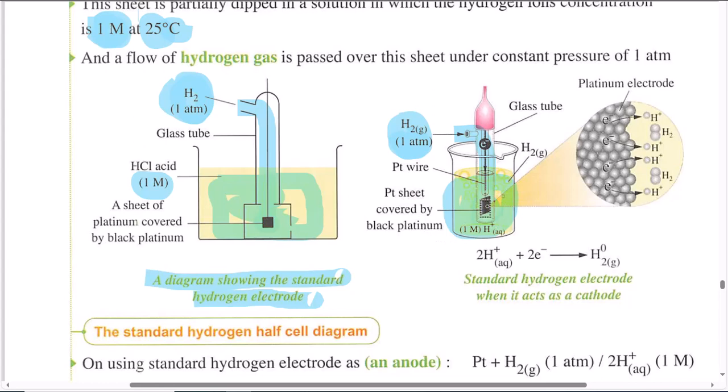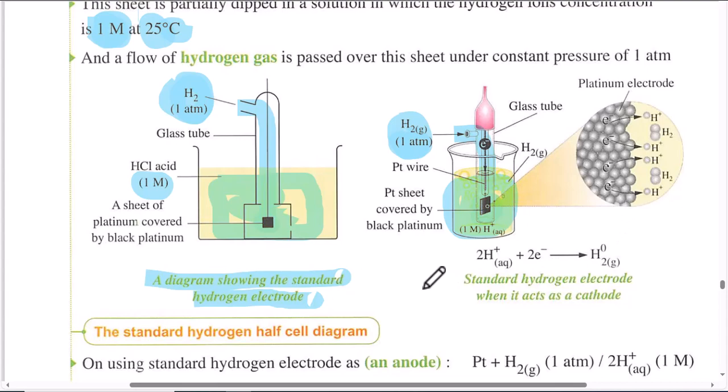The platinum sheet has a surface area of 1 square centimeter and is covered with finely divided, spongy platinum. So what happens here? This diagram shows that the standard hydrogen electrode acts as a cathode. There is a reduction of hydrogen ions in the solution, and with 2 electrons they are transformed into hydrogen gas.